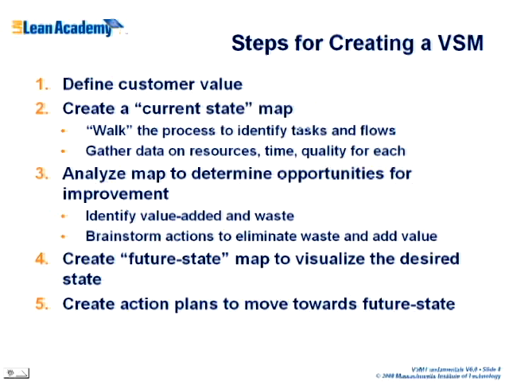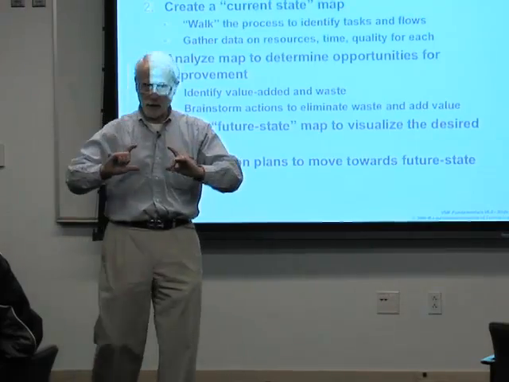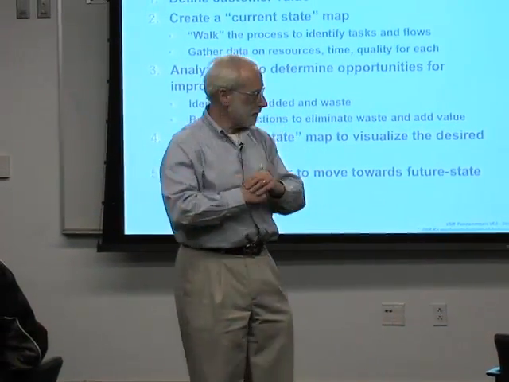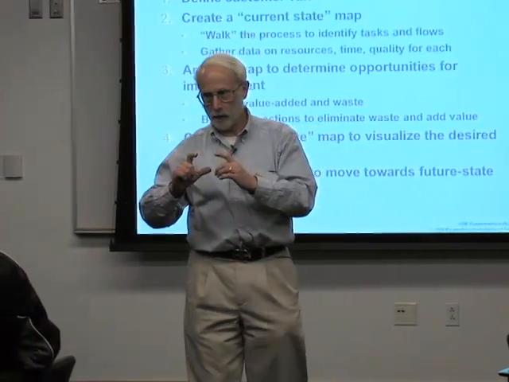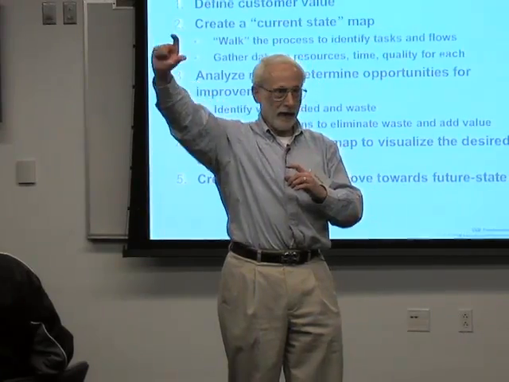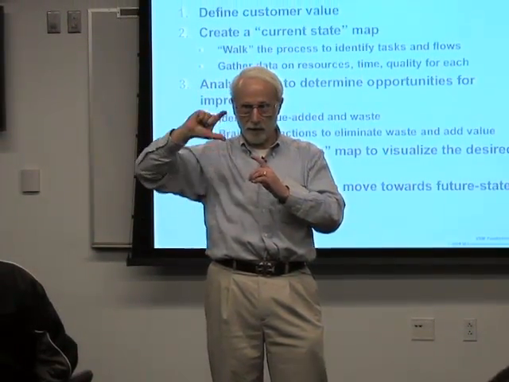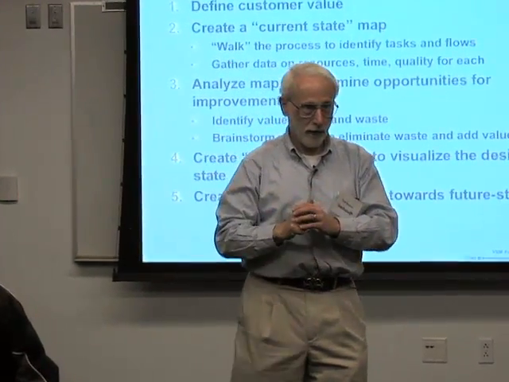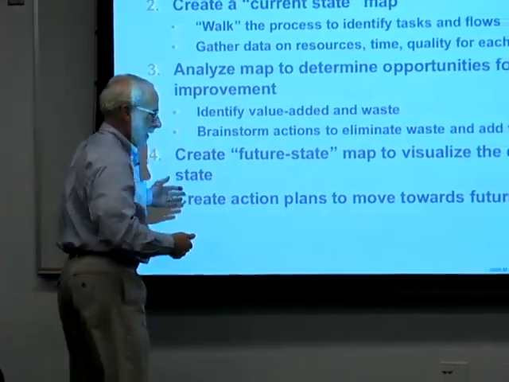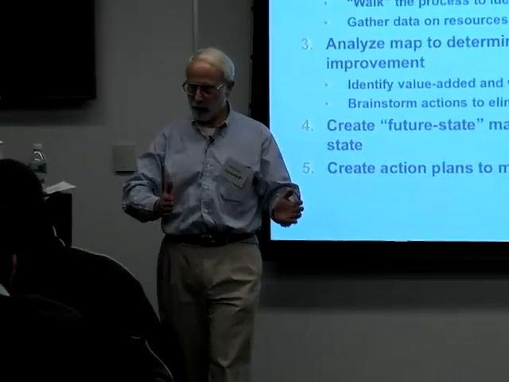And then once you have that, you create a future state map. You remap your process to where you think you can get to. And sometimes you might create what's called the ideal state, the best you can possibly think of. But that may be too big a step to take at once, so the future state may be a step towards that ideal state. But you want to get a future state map. And then you have to have a plan for how you're going to implement that future state, how you're actually going to change the process.